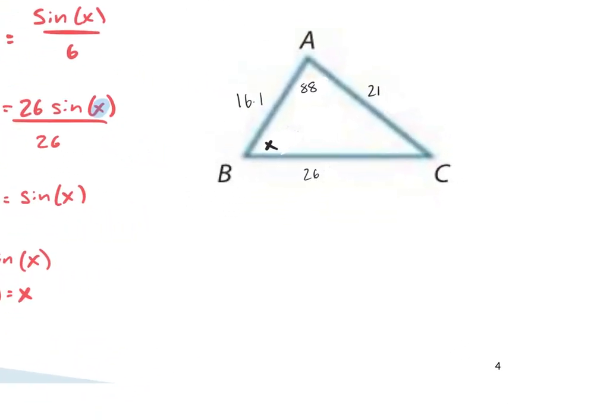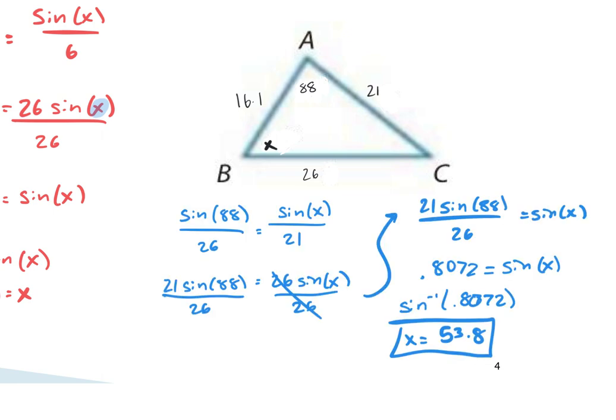All right, now this one, go ahead, try it for yourself when the video pauses, and then when it plays again, you'll see the answer. And there we go. So as you can see, we still have our pair of information. We have angle A and side A. We are looking for angle B, and we have side B. So there's still that pair, and you need that pair for cross multiplying.